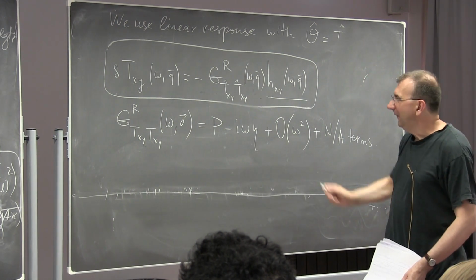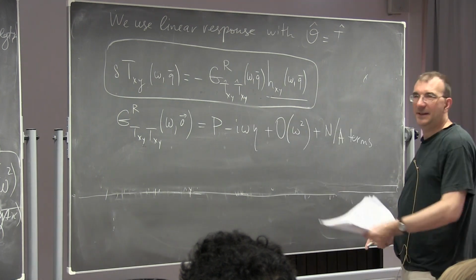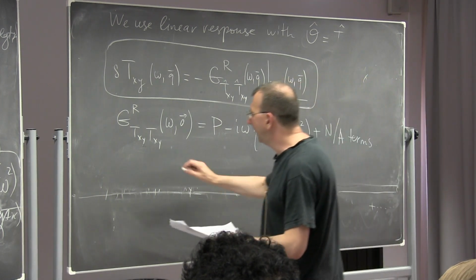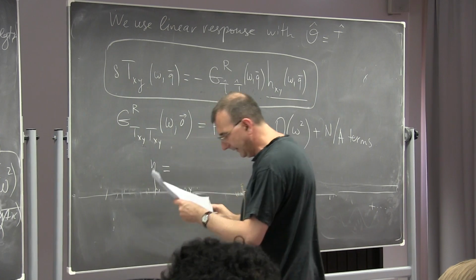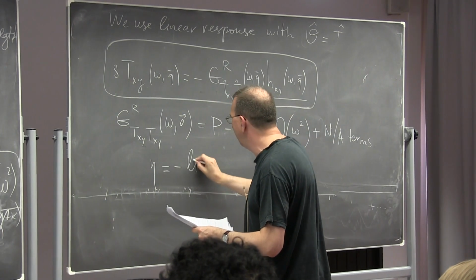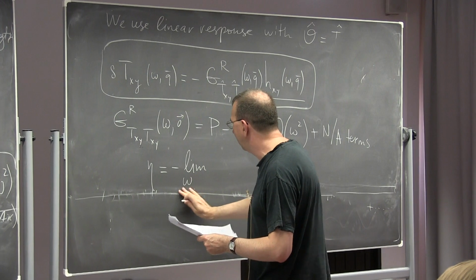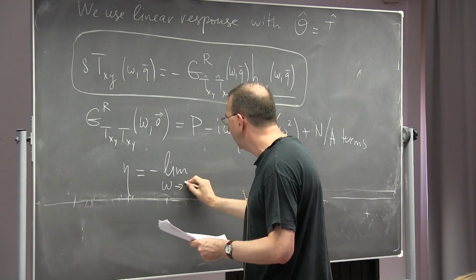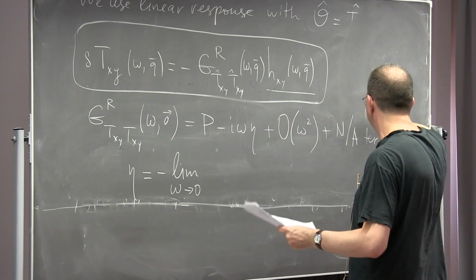Okay? So the moral of this line is the following: I can write down a formula for viscosity. I can take the limit of omega going to 0, which kills the whole tail here, and these terms as well.